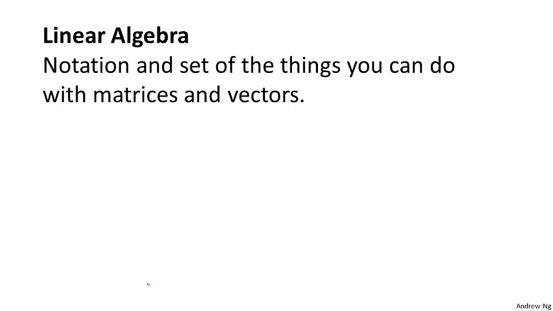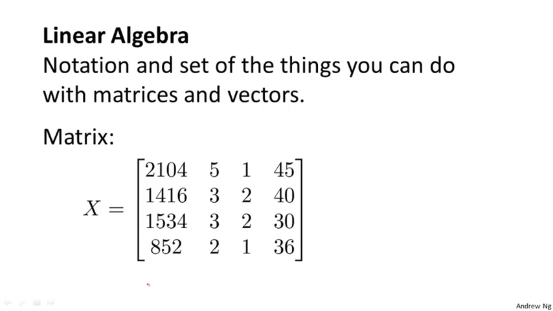Linear algebra gives us a notation and a set of operations that we can do with matrices and vectors. For example, here's a matrix where the first column is the sizes of the 4 houses, the second column is the number of bedrooms, the next is the number of floors, and that was the age of the home.